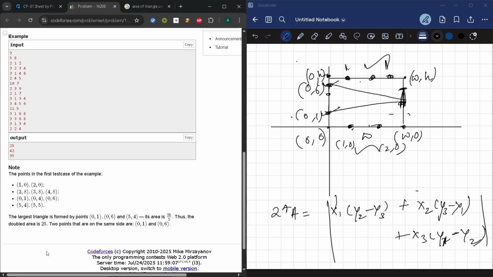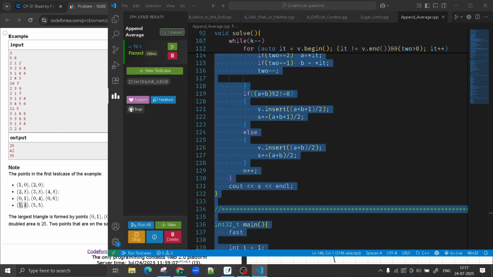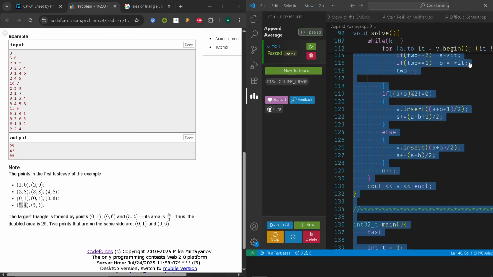If I look at this, instead I would have iterated for 5 comma 4 here next to x3. We'll just try by writing the code.